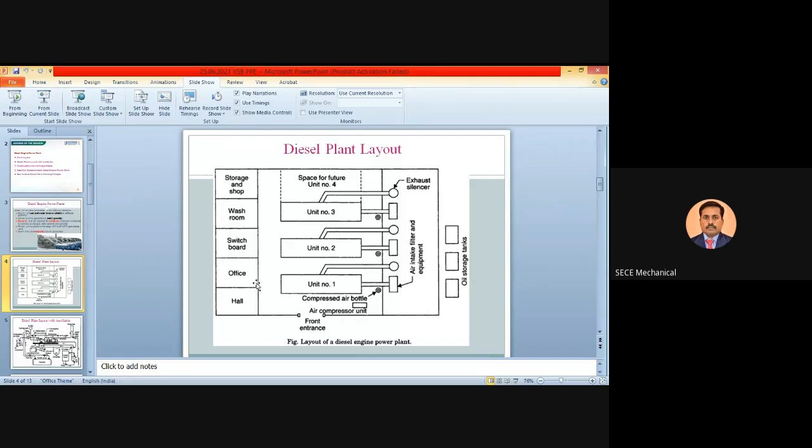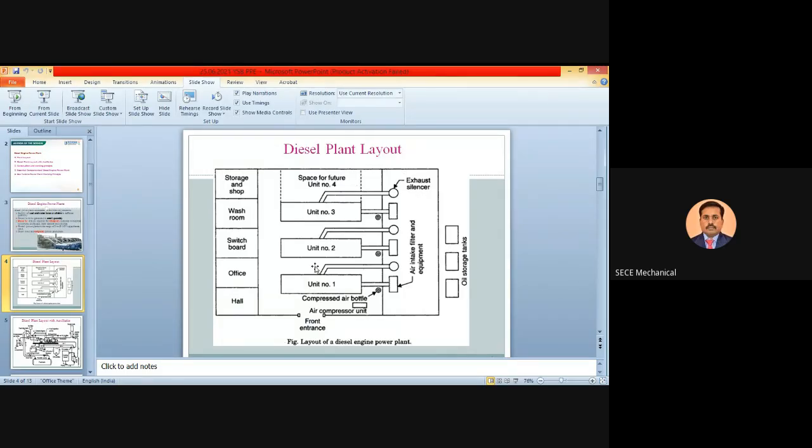Your requirement is the office and hall. Likewise, the power is distributed. The storage area is needed because normally it is a diesel engine. If you want to maintain the engine operation and alternator operation, you need some oil, filters and cleaners, all those things.